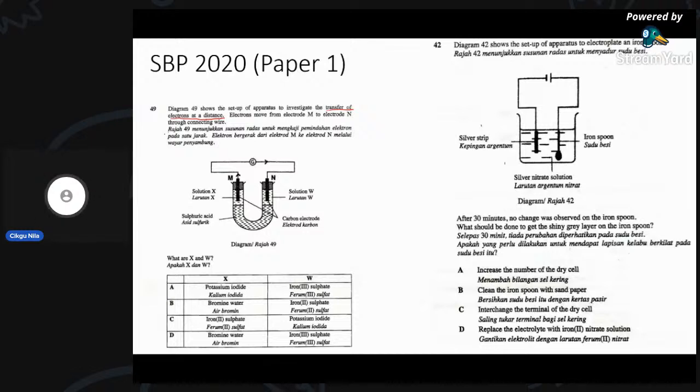You have to identify where oxidation and reduction happen. The clue is the transfer of electron. M produces electron, which means there is loss of electron. And the electron is traveling to electrode N, so there is gain of electron. From here you can conclude this should be a reduction reaction.